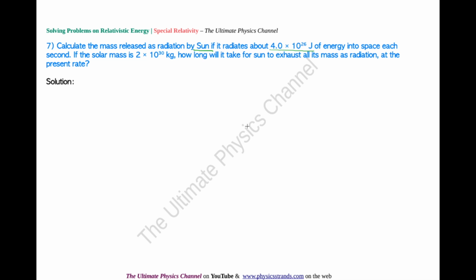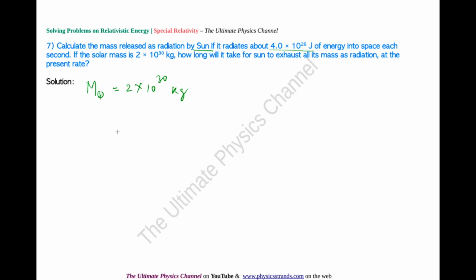So the solar mass, let me call that m, is given as this. So at the present rate, how long will it radiate?